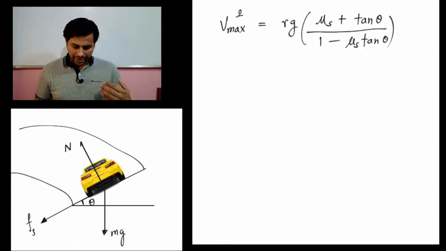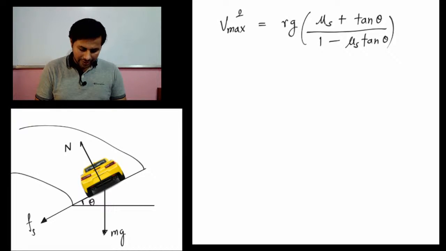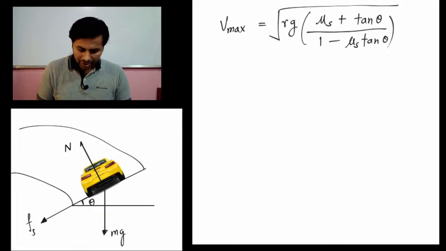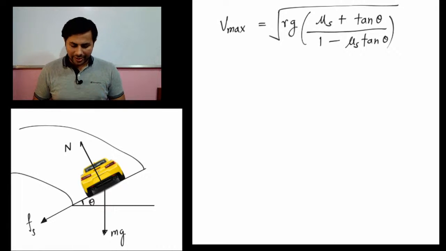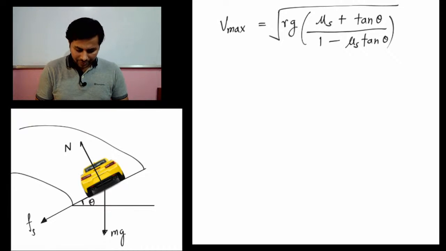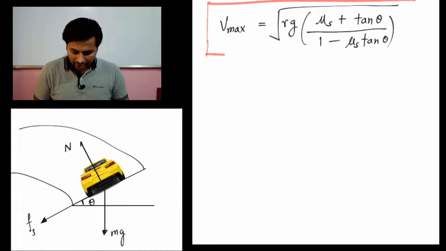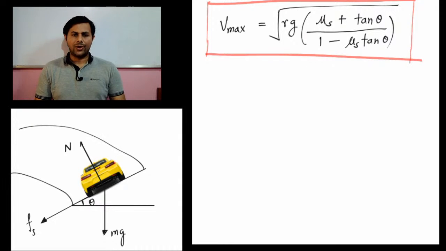Okay, and then if we take the square root on both sides, on the left hand side we'll have V max and on the right hand side we'll have the square root of Rg multiplied by, in bracket, mu s plus tan theta divided by 1 minus mu s tan theta. So this is the maximum speed with which a car can take a turn along a curved banked road.